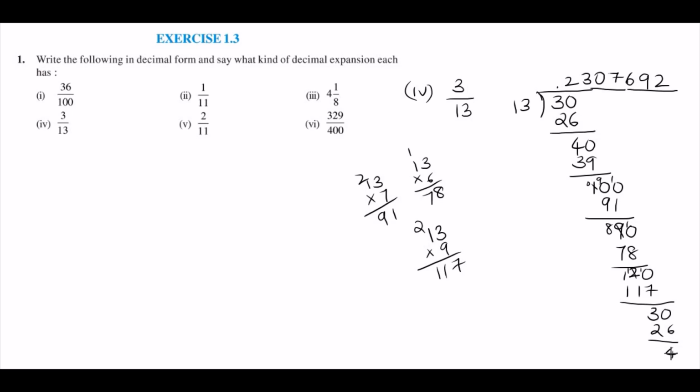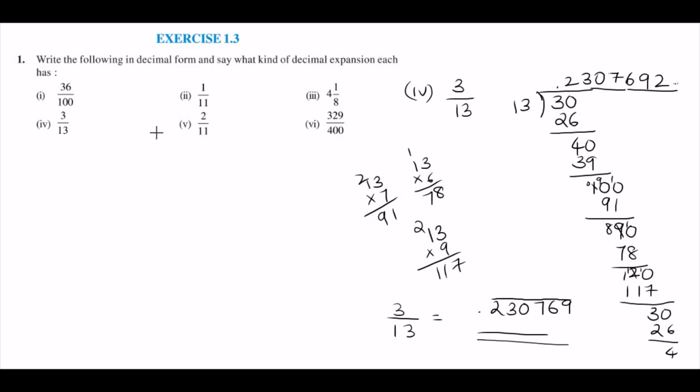So you can see the remainders are repeating. So when you have repeating remainders, that means the quotient will also repeat. So here the decimal expansion is 0.230769 bar. This block of digits repeats in the quotient. That is, the decimal expansion of 3 by 13 is non-terminating and repeating.